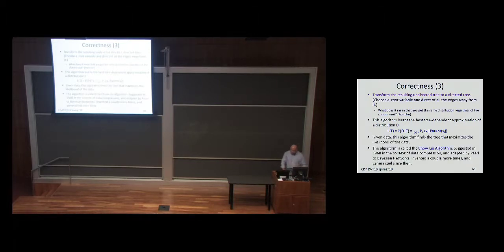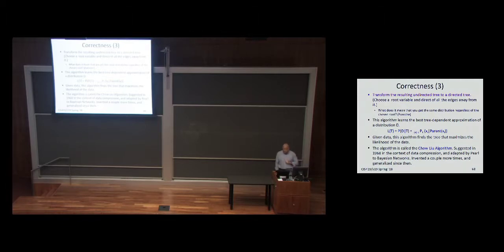Okay, so this algorithm is a famous algorithm. It's called the Chow-Liu algorithm. It was actually developed in the 60s, like all the good things, by information theorists in the context of data compression. They had a lot of data, just like the data that we have here, and they wanted to represent it in a compact way, so they invented this notion of a probabilistic tree as a way to compress it.